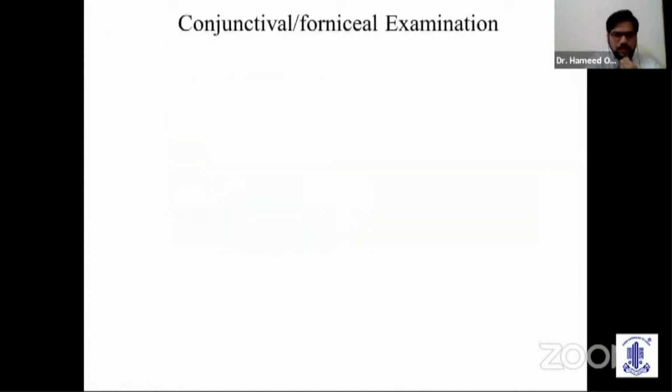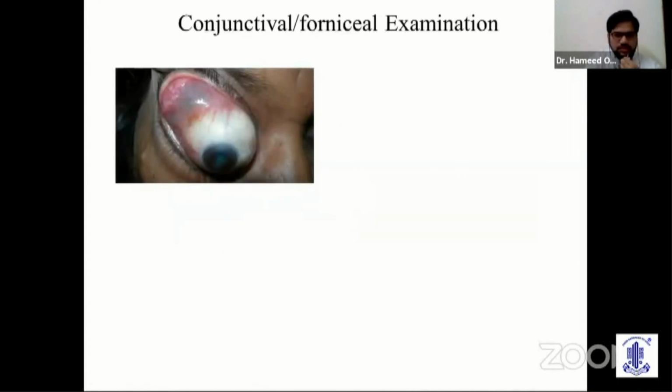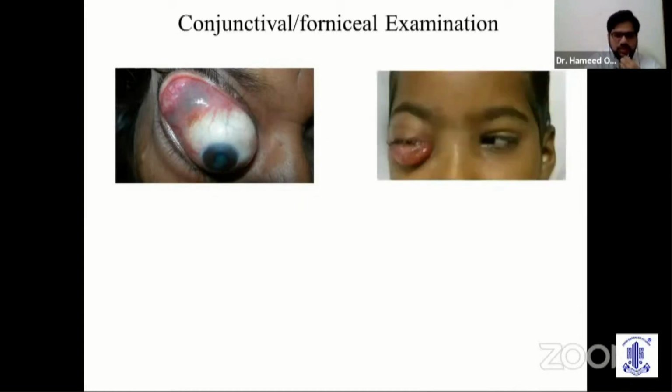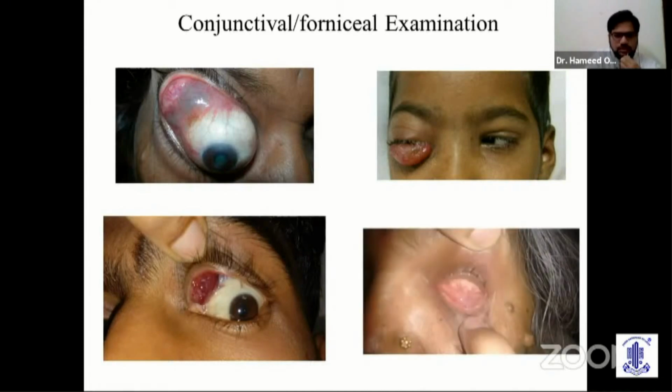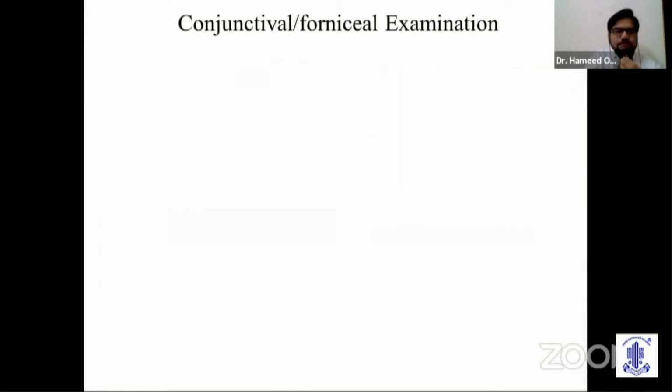Conjunctival or fornical examination: in this you can see a bluish discoloration of the superior fornix indicating an underlying vascular malformation, or you can come across a solid chemosis in the case of a metastatic neuroblastoma, or you can come across something like a purplish reddish lesion in the superior fornix seen in orbital varix, or you can see in an elderly patient a pinkish mass in the inferior fornix indicating lymphoma.